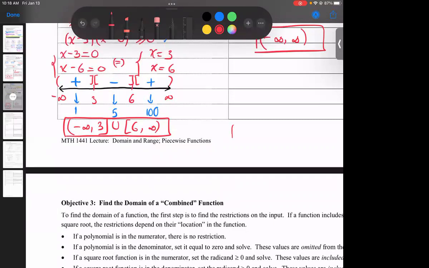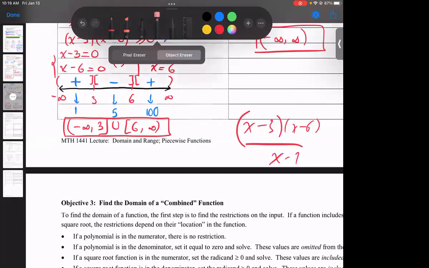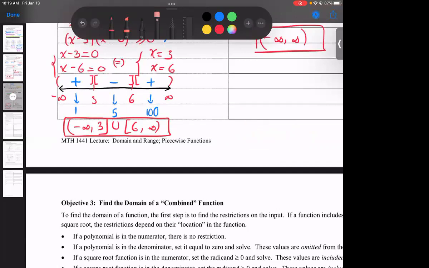For example, this problem won't alternate because of the square. But for most cases, yes, it alternates. Or when you have something like this, if I have a denominator, then it might not be alternating. So I suggest you do test points just to be safe.